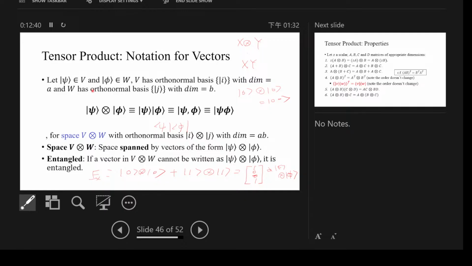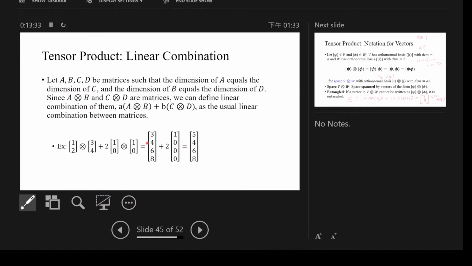So we define the vector space V tensor W, and it's just the vector space spanned by vectors of the form psi from V and phi from W. This vector space will also have orthonormal basis elements of the form i tensor j, where the i's are an orthonormal basis for V, and the set of j vectors is also an orthonormal basis for the vector space W. The dimension of this vector space will be A times B, where A is the dimension of V and B is the dimension of W. So in this example, we have a two-dimensional space tensor a two-dimensional space, and we get a four-dimensional space.